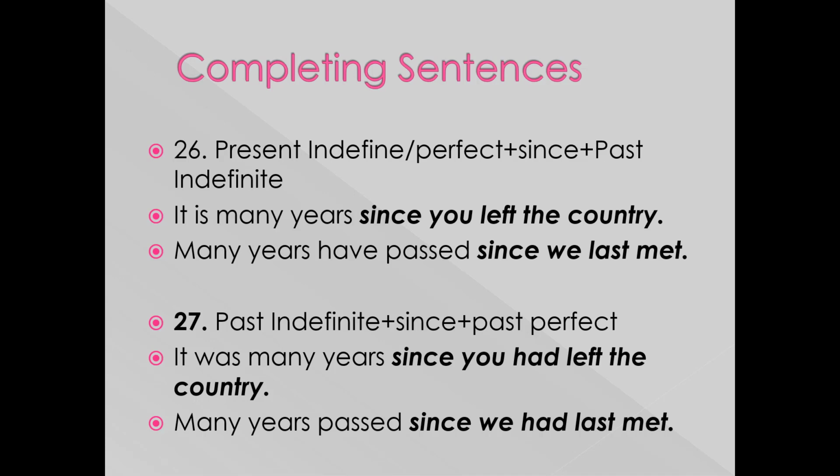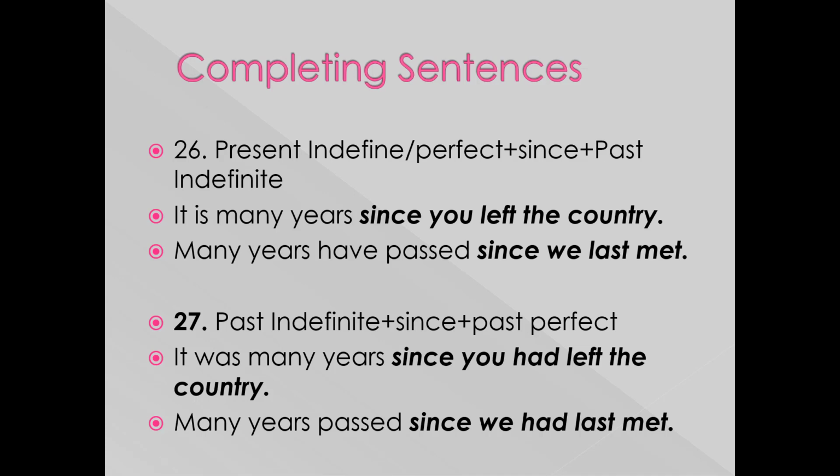In 27, first, if you get past indefinite tense, then in the middle since as a conjunction, then remember after since you have to use past perfect tense. That means before since, if there is past indefinite tense, then after since you have to use past perfect tense.